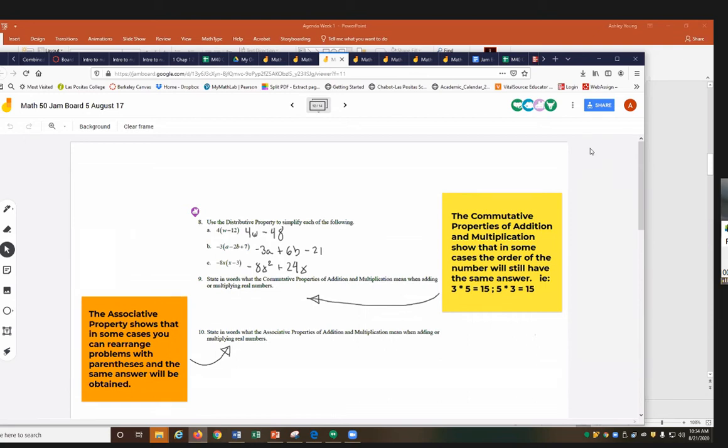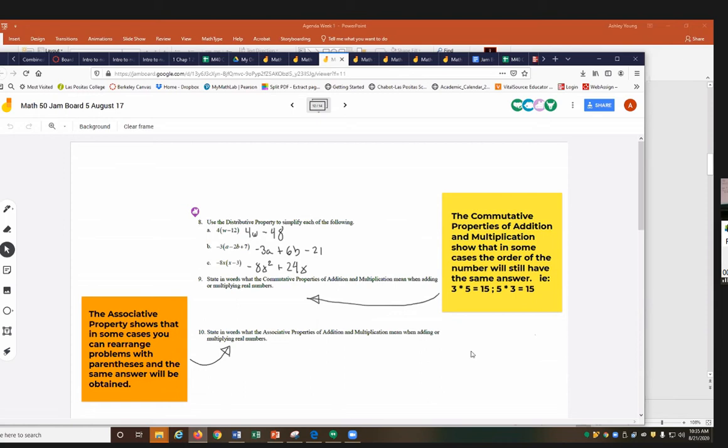Great. And for 8C, I distribute the negative 8x, and that times the x becomes negative 8x squared. And then I distribute the negative 8x times negative 3, and that becomes positive 24x. Right. So don't forget, guys, a negative times a negative gives you a positive. Okay.